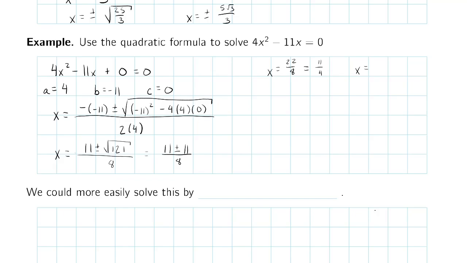Or we could have x equals 0 over 8, which is just 0. So those are relatively nice solutions, right? We didn't end up with an irrational square root. And in fact, we could have solved this by very easy factoring.